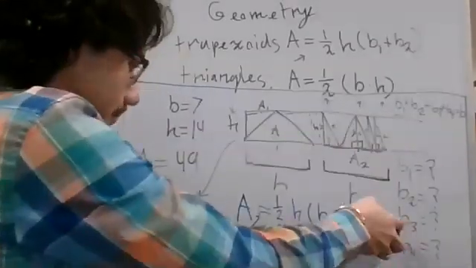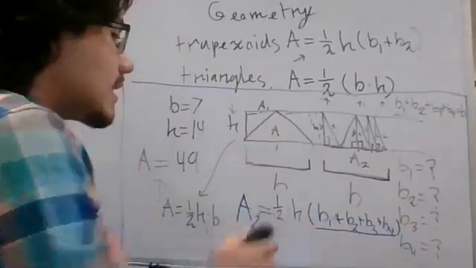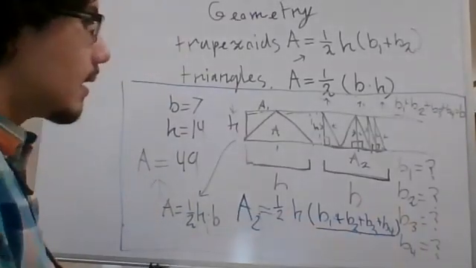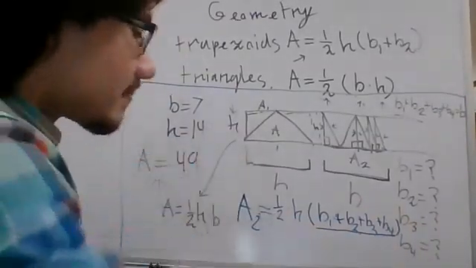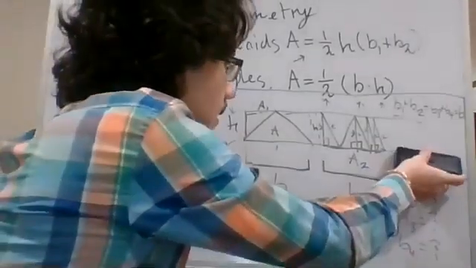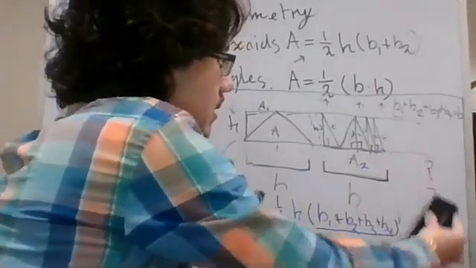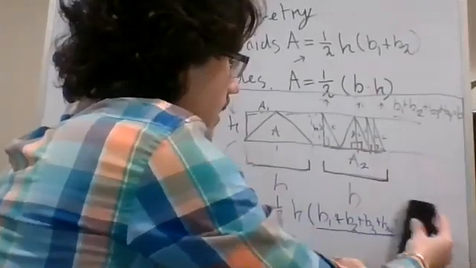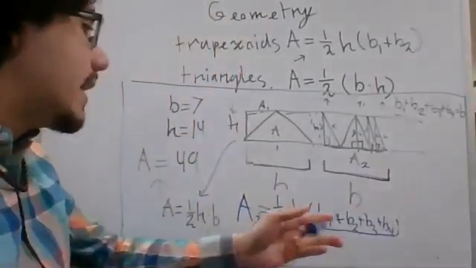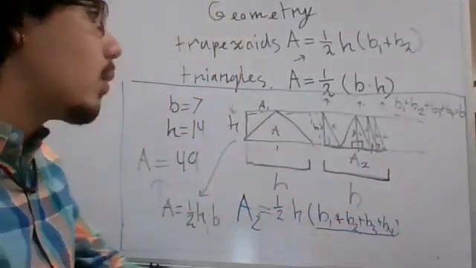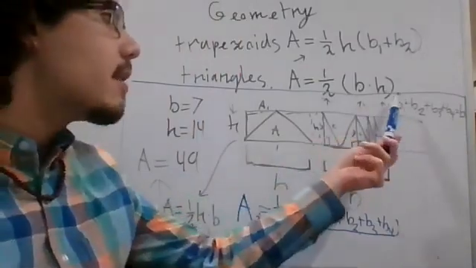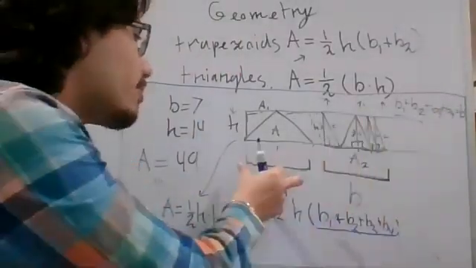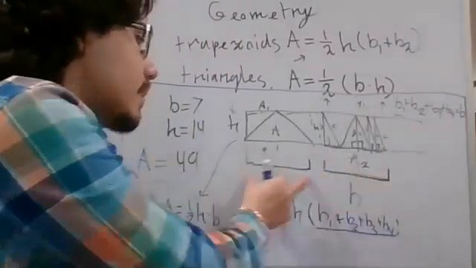Okay, sir. So with this information, I'll make some room here. We don't know what each of these bases are, but what we do know is that the bases all add up to the total base, what we said from this model.